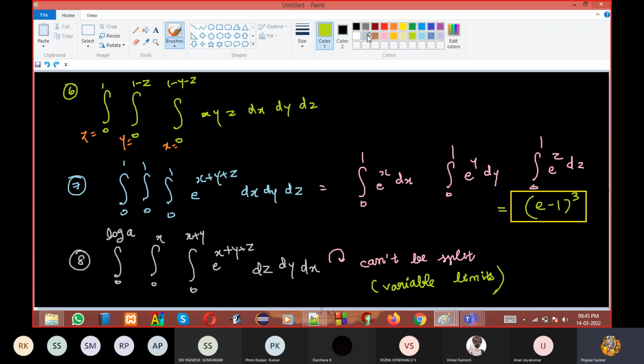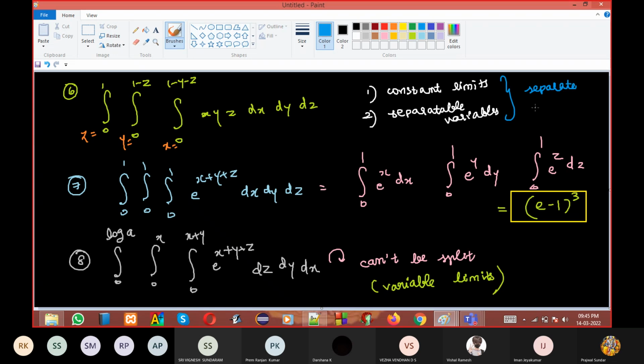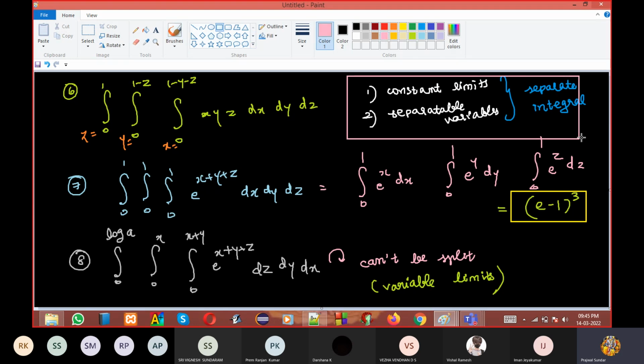You can only separate if you have constant limits, and second condition, you should have separatable variables. Only then you can separate the integral. Both these conditions should be satisfied. Even if one is not satisfied, you cannot separate the integral.